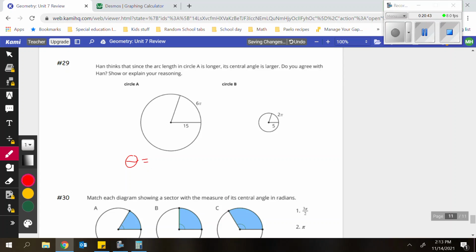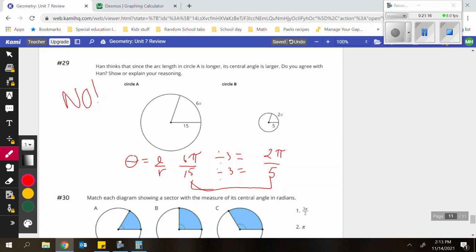To find the angle in radians, we take the arc length divided by the radius. So 6 pi divided by 15, and this one would be 2 pi divided by 5. Hopefully you will notice that 6 divided by 3 is 2, and 15 divided by 3 is 5, so they are the same angle. So we should say no, Han is wrong. Disagree.